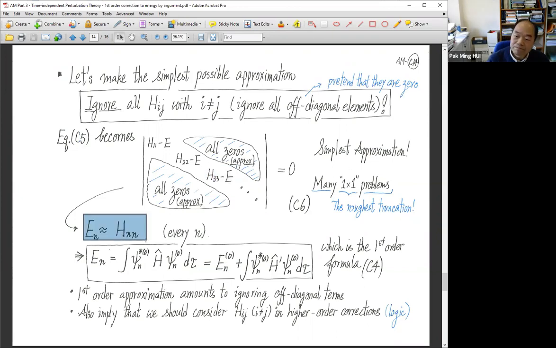Now write it out. This is your approximated eigenvalue. Only look at the diagonal, it will become HNN. Therefore, this is our guess exactly. My hand-waving argument, same thing. And it will give us the first order perturbation result.